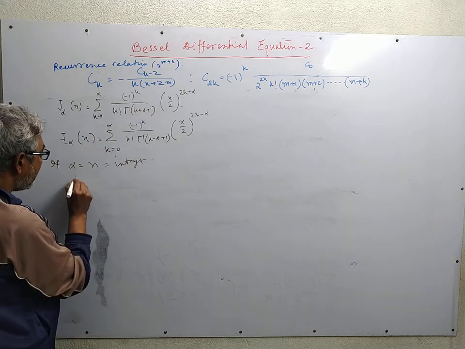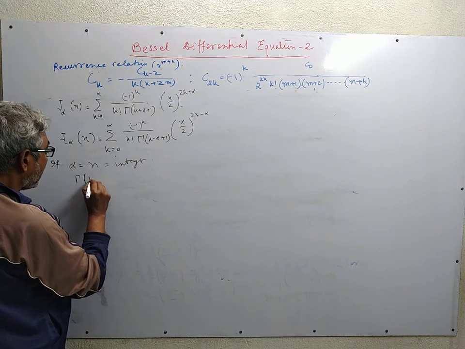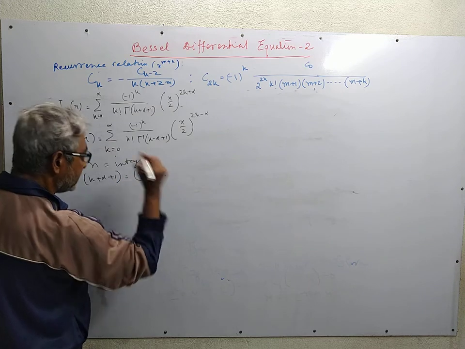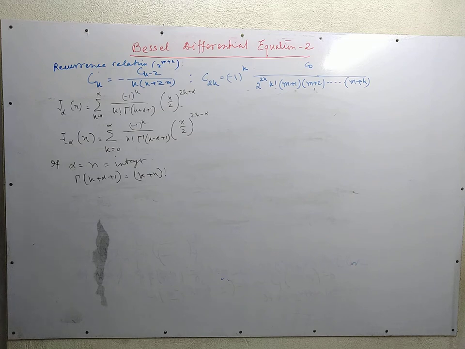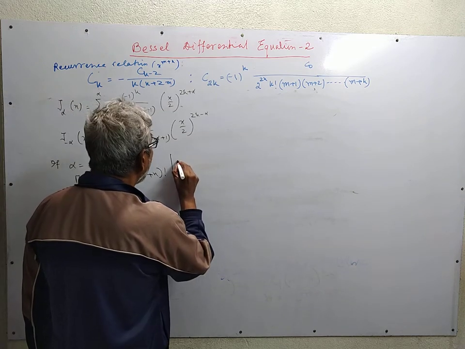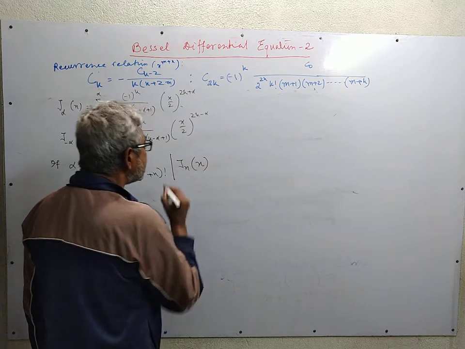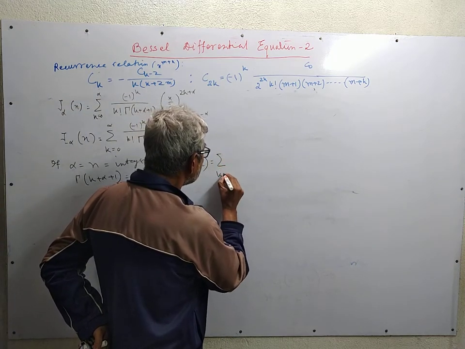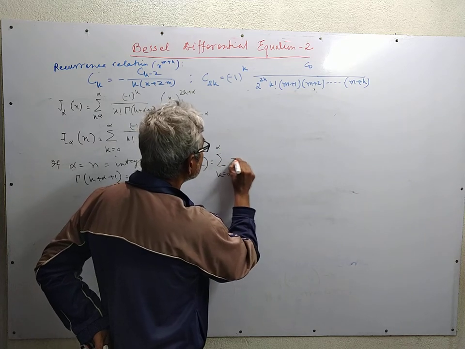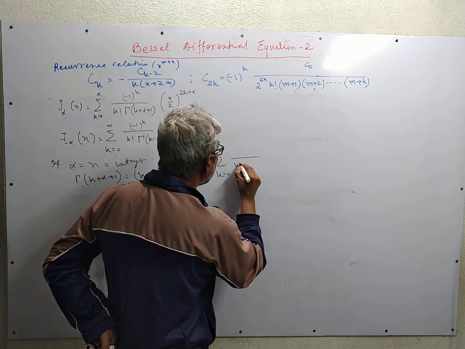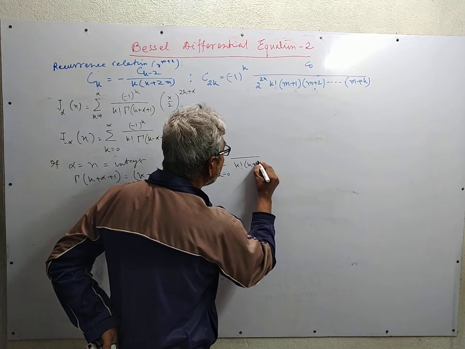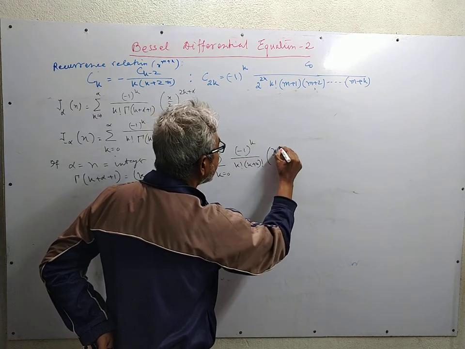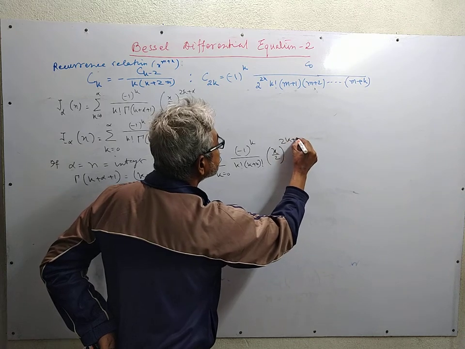Then gamma of k plus alpha plus 1 is simply k plus n factorial, in which case Bessel function of integral order n becomes the sum of minus 1 to the power k over k factorial, k plus n factorial, times x by 2 to the power 2k plus n.